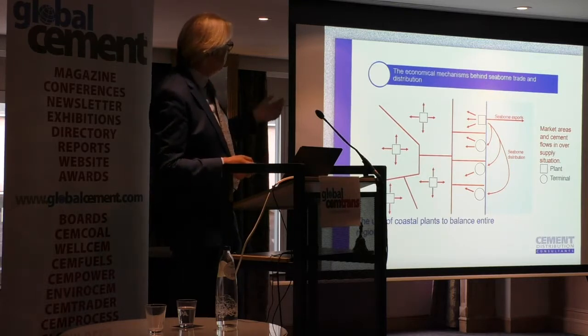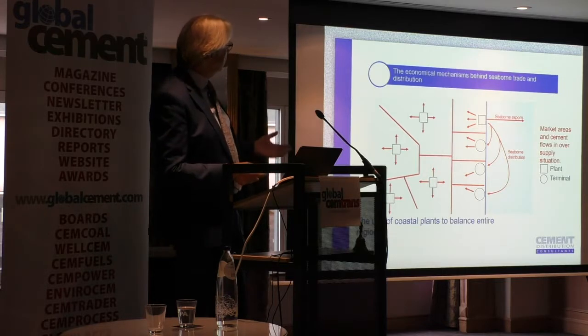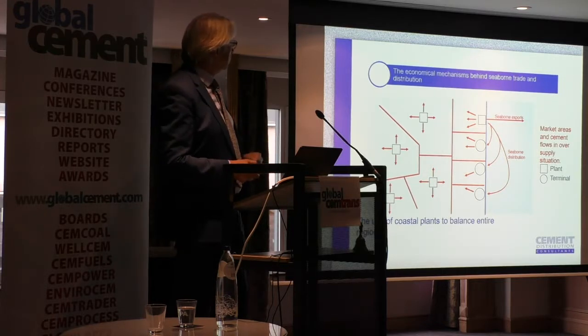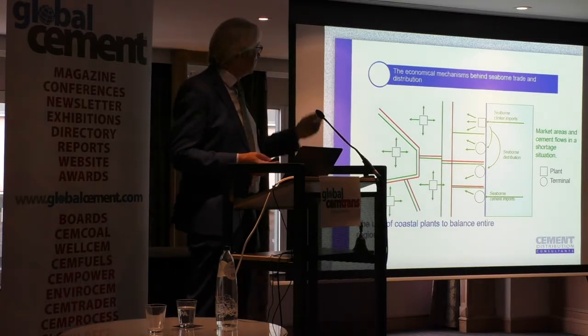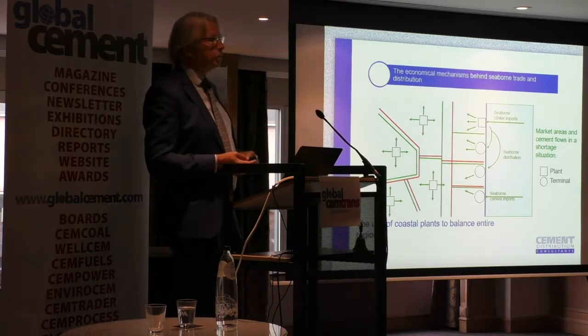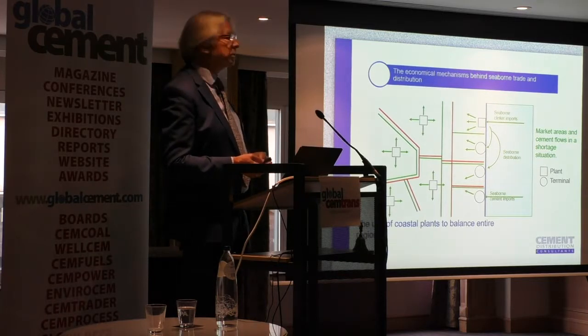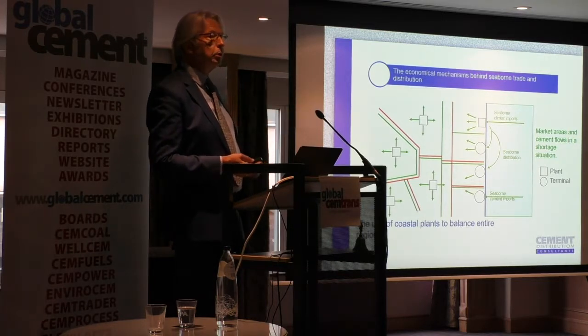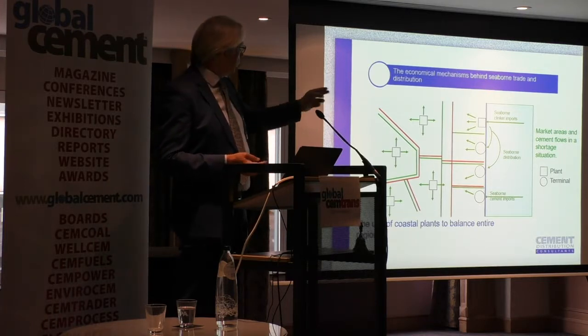And now the situation starts changing. Cement consumption in that area starts going up, and there's actually a shortage of cement. And what happens then is that that exporting plant doesn't export anymore. It imports extra clinker to use its extra grinding capability, and it also ships less to its coastal terminals.